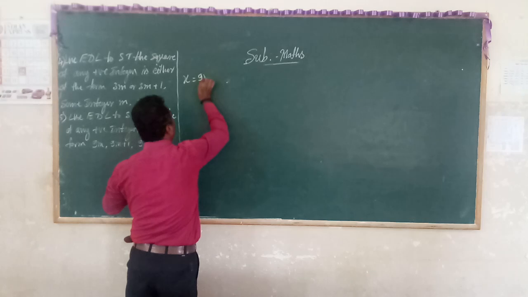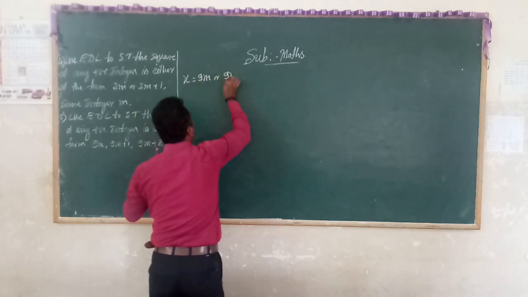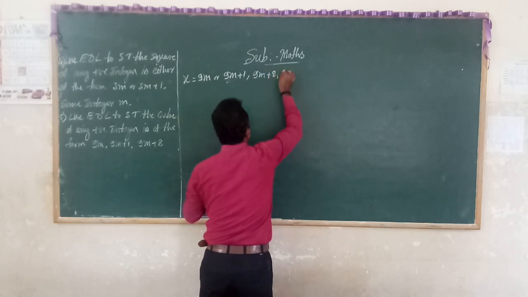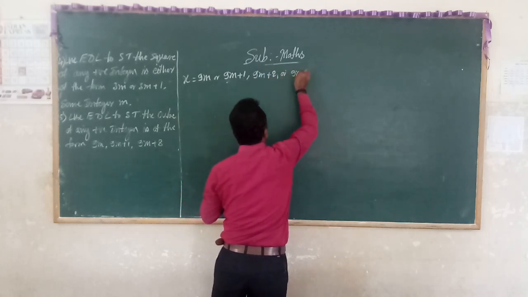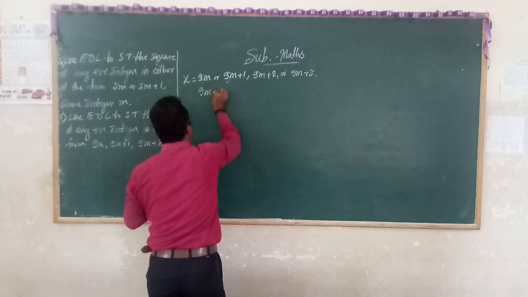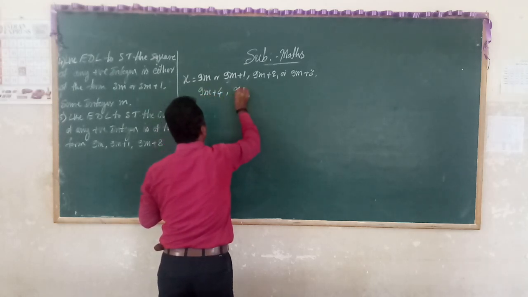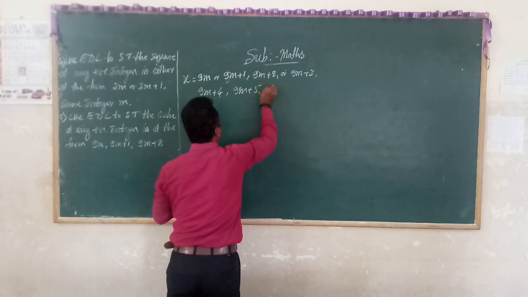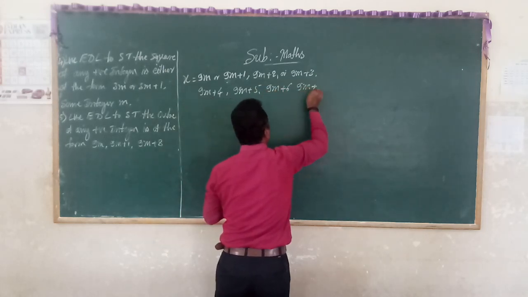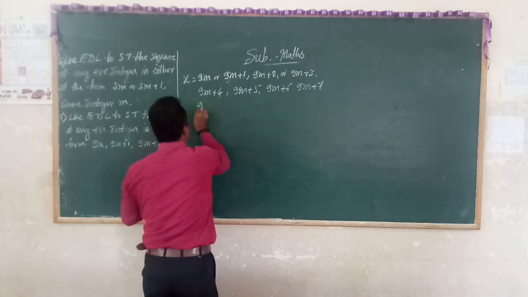So x can exist as 9m or 9m plus 1, 9m plus 2, or 9m plus 3, 9m plus 4, and 9m plus 5, 9m plus 6, 9m plus 7, 9m plus 8.